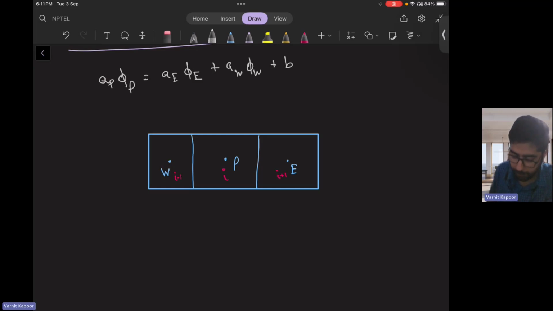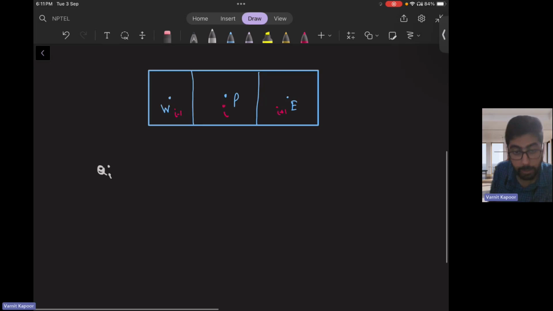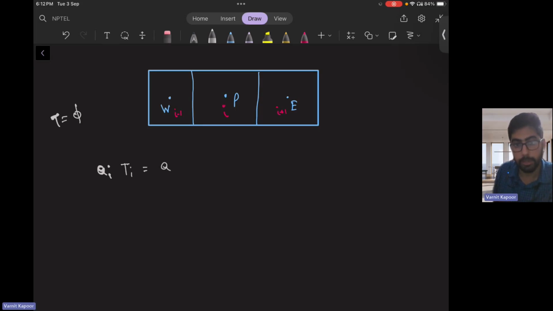So I'll write it in this way: A of i, phi of i, or you can say T of i, where T is any property. Suppose T is equal to phi. A of i, T of i is equal to B of i, T of i plus 1, the east node, plus C of i, T of i minus 1, the west node, plus D of i.